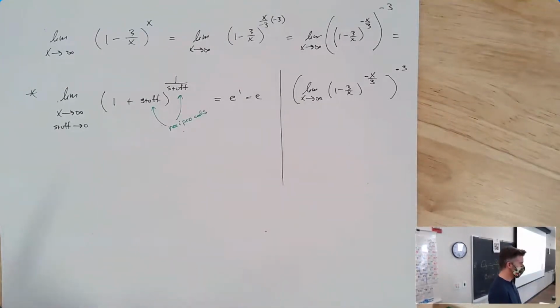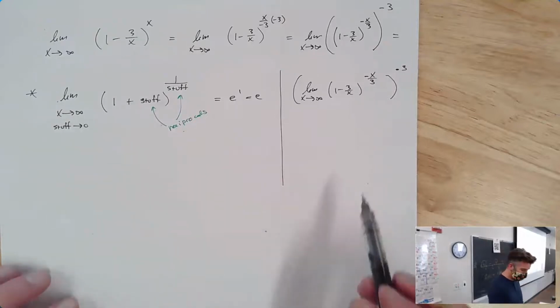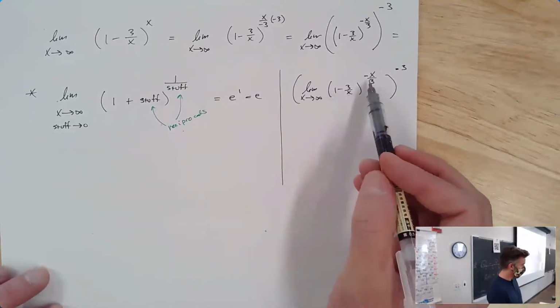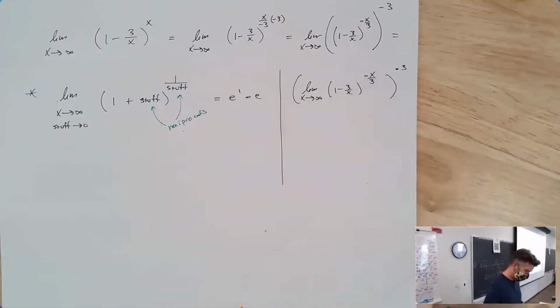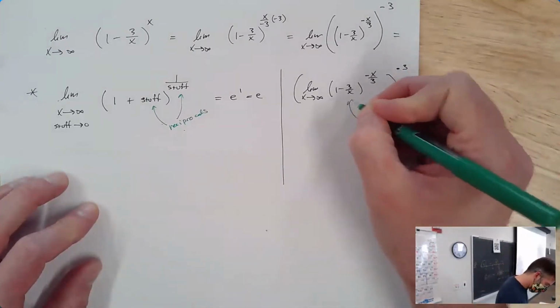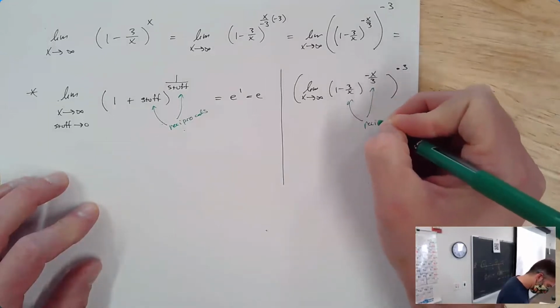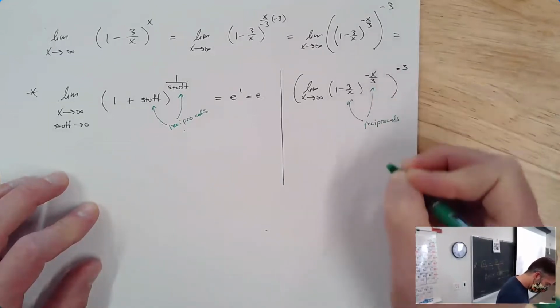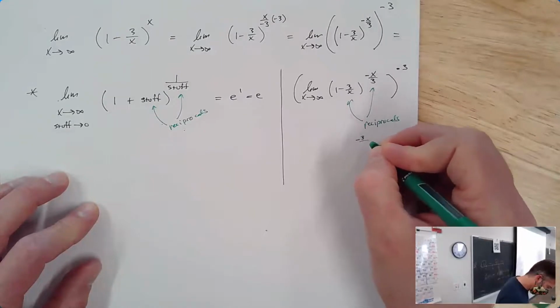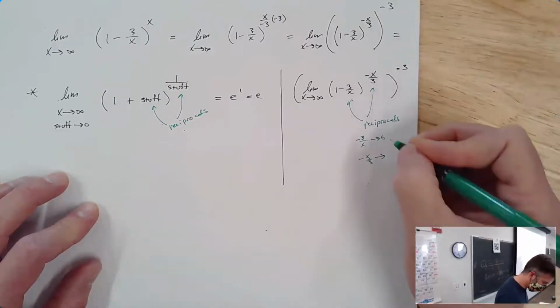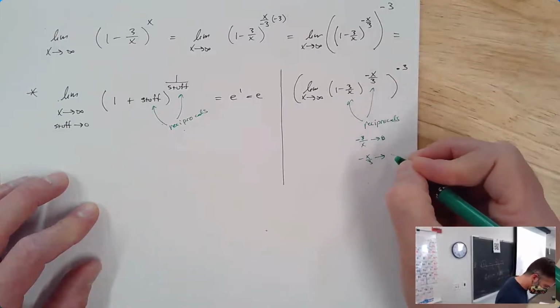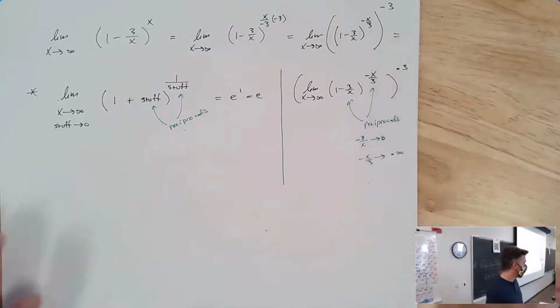You bet it is, because you have a 1 to the infinity form, and it's exactly 1 plus a thing raised to the reciprocal of that thing's power. So those are reciprocals, and negative 3 over x is going to 0, and negative x over 3 is going to some sort of infinity. It doesn't matter if it's positive or negative.